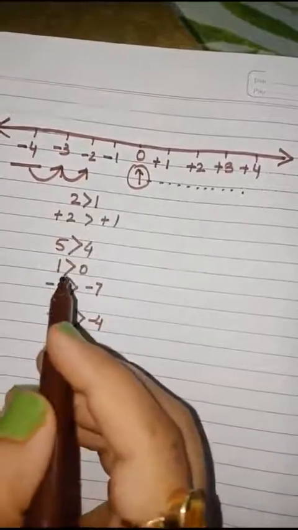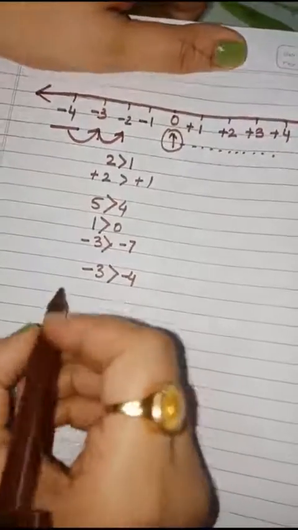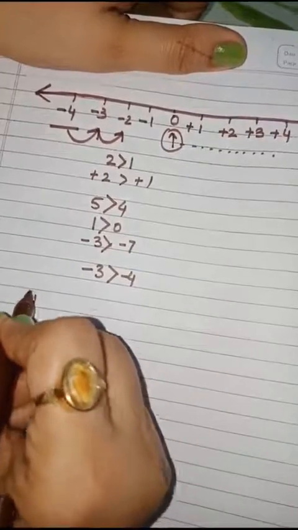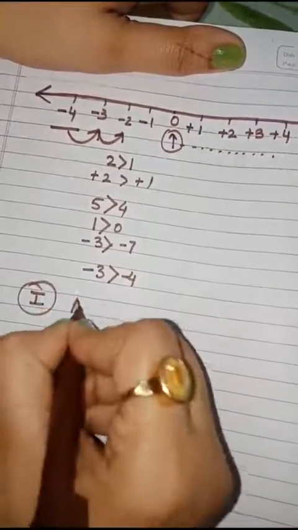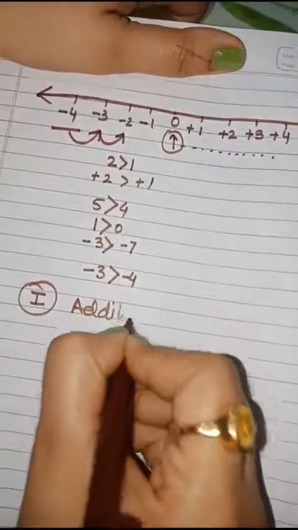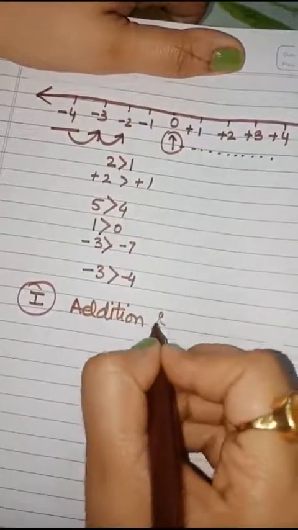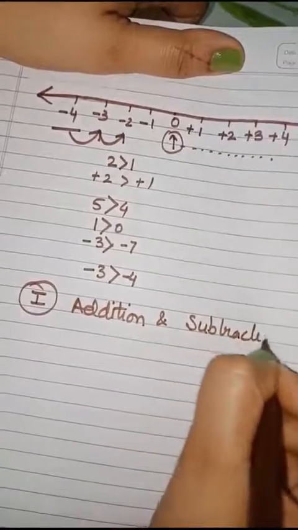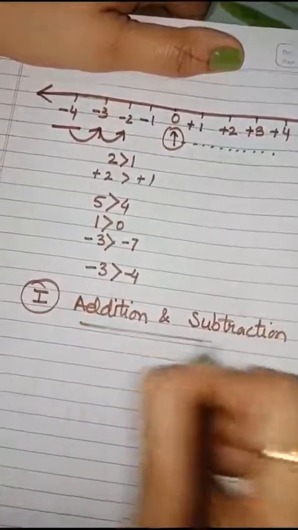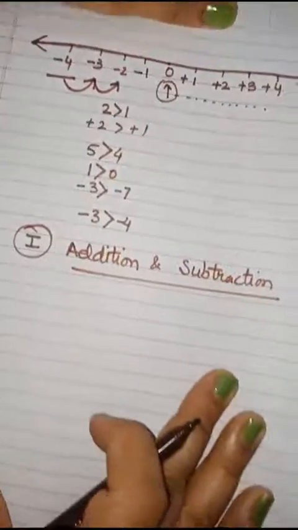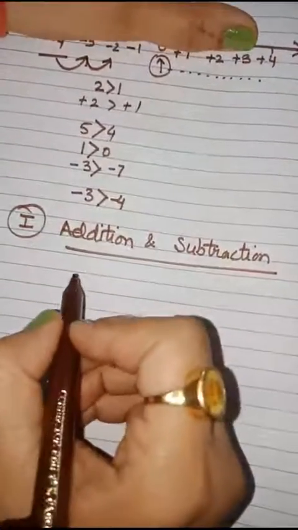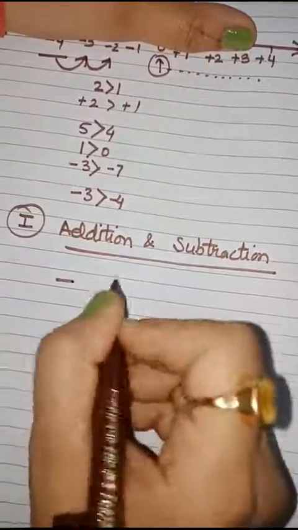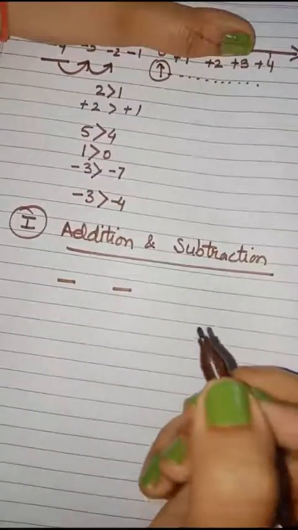Now we have to learn the operations on integers. First we will cover addition and subtraction. For addition and subtraction, we have certain rules which we will remember for working on integers.